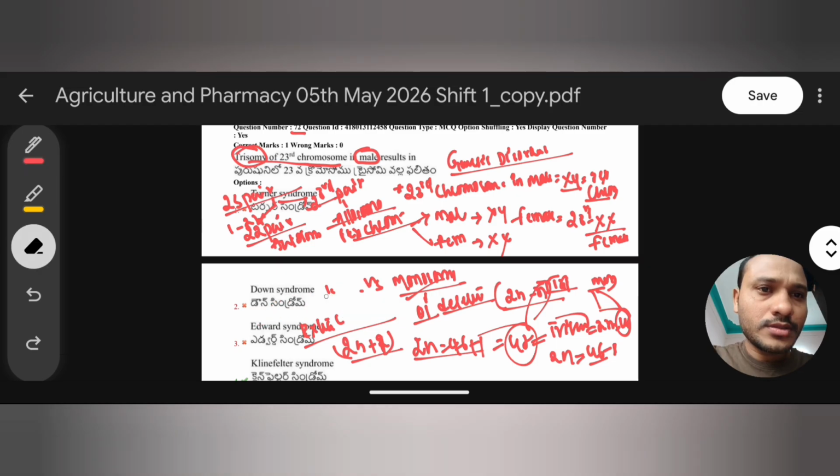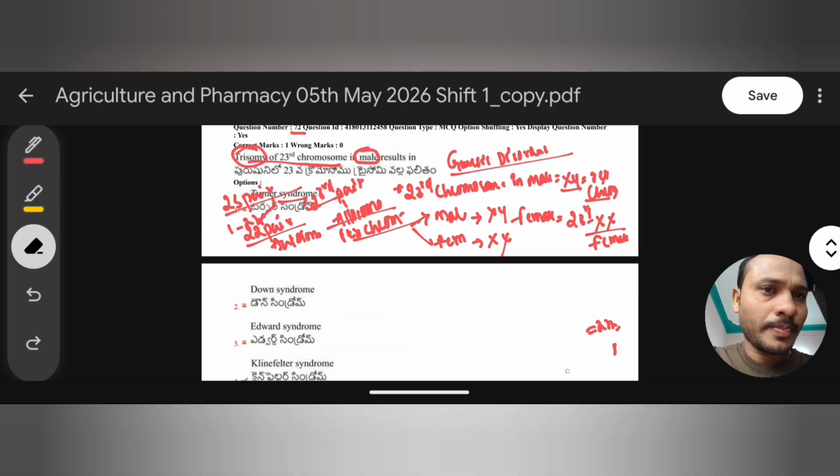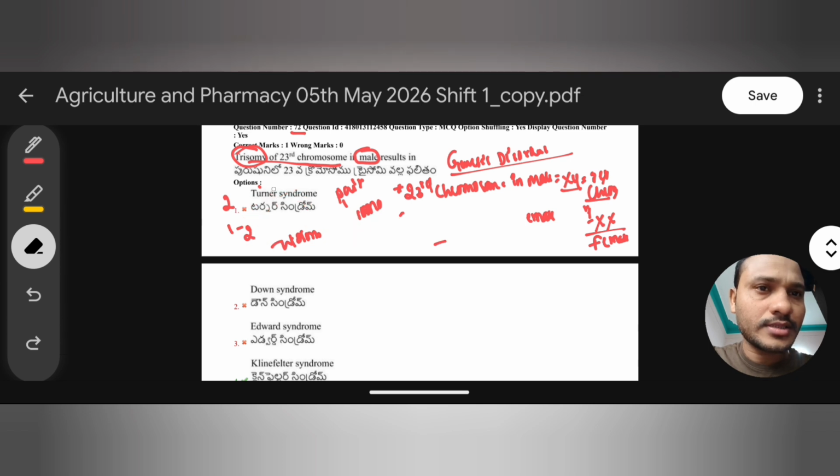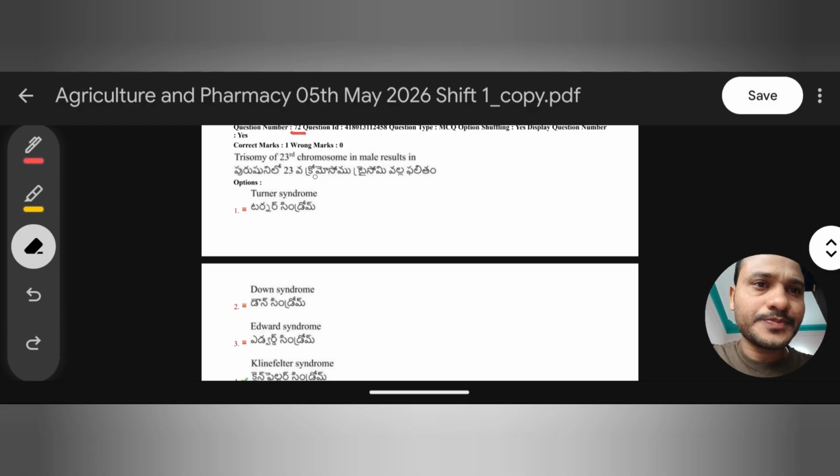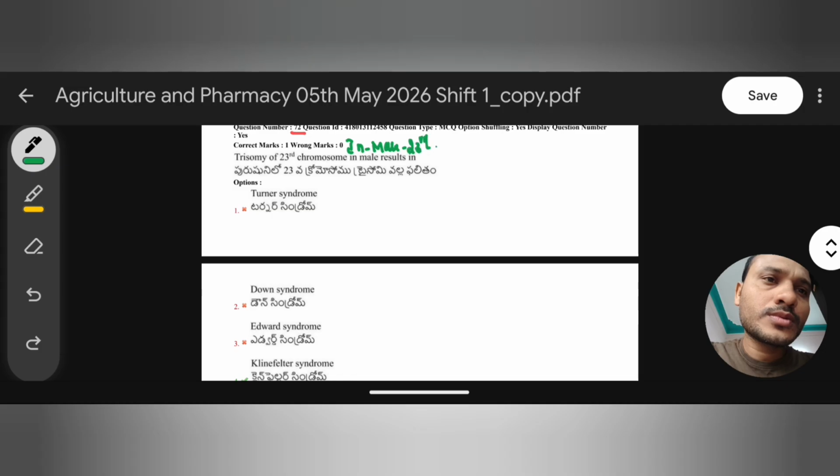Okay then, what exactly is trisomy of the 23rd chromosome in men? We are asking about trisomy in men. We will analyze both. So here I am writing male. In male the 23rd pair of chromosomes is XY. In female the 23rd chromosome is XX. Fine, right. So in which sex does trisomy occur, in male, if there is a trisomy?